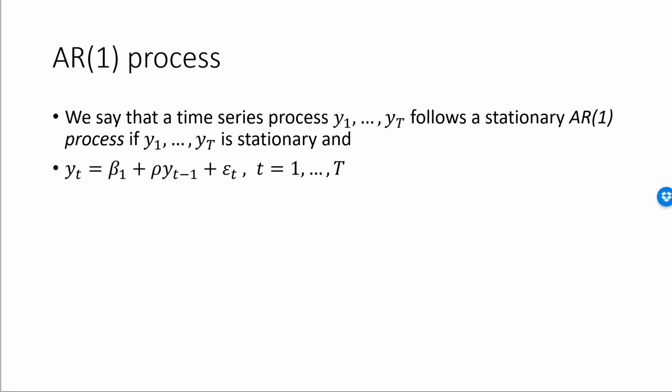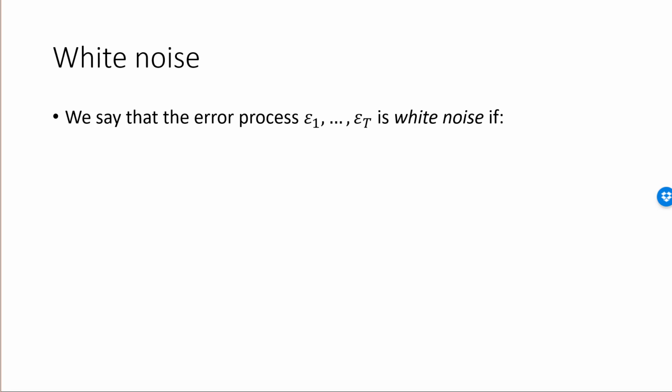But before that, let's have a closer look at the error terms epsilon t. We will assume in the AR1 process that these error terms follow something called a white noise process. So simply stated, the error process epsilon 1 through epsilon t is a white noise process if the following three conditions are satisfied.